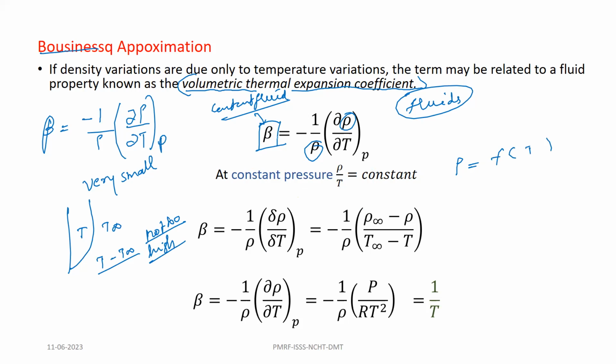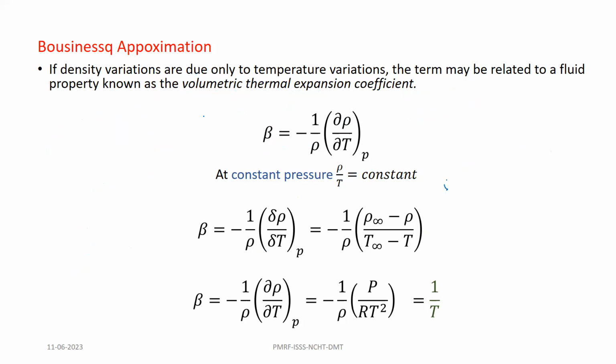So if you expand this, beta is equal to minus 1 by rho dou rho by dou T at constant pressure, which means that at constant pressure, the change of rho with T is a constant.